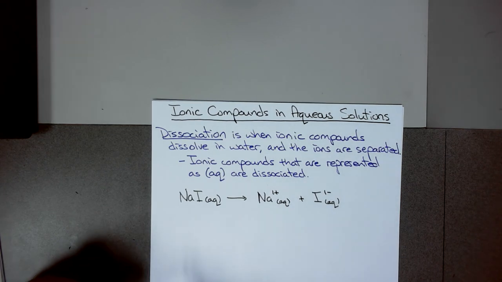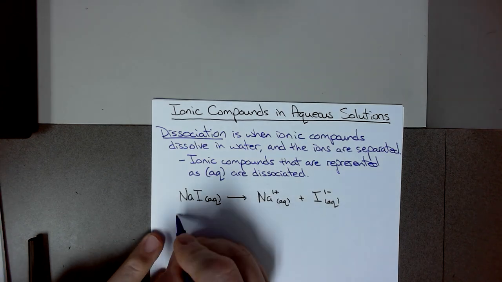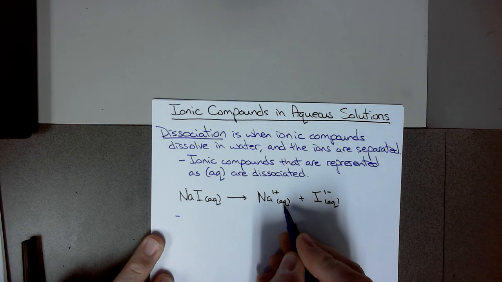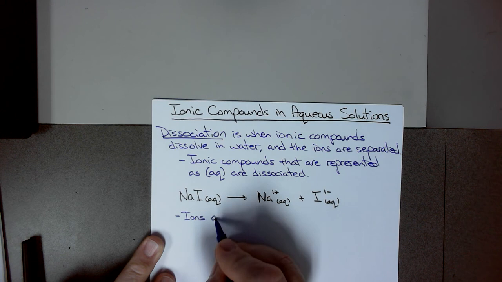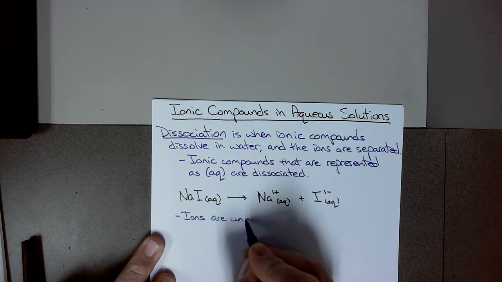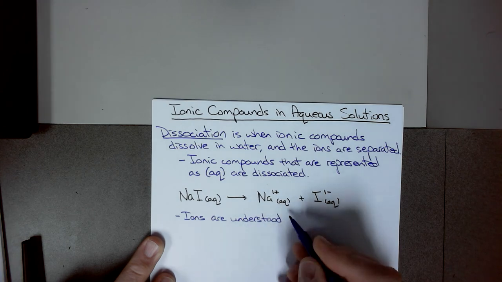So what is happening when we have a dissociated ion? Oh, and let me state this too. Ions, even though I wrote aqueous here, are understood to be aqueous. In other words, it's understood that all ions are aqueous.